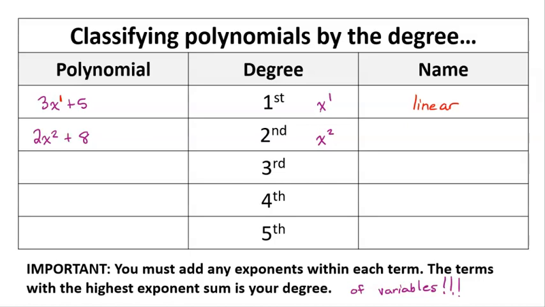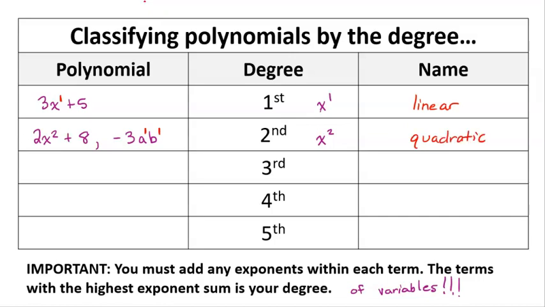So even when you're doing practice, if you have something like negative 3x a b, that would also be to the second degree because we're going to add the 1 on the a and add the 1 on the b, and that gives us 2. Okay, and so when we're naming this, it's called quadratic.